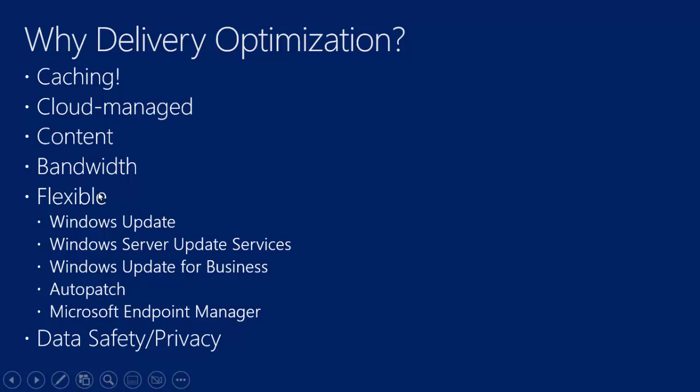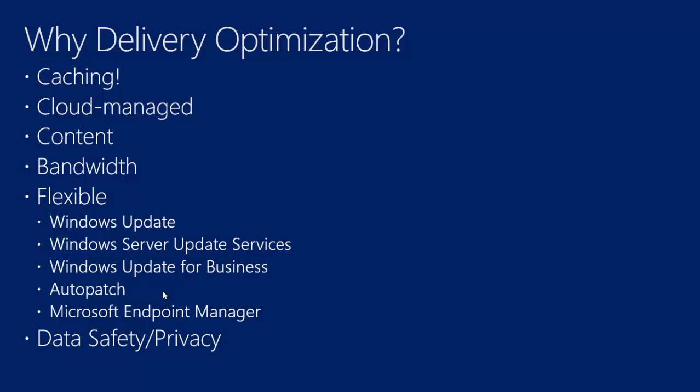It's very, very flexible. In terms of updates, we can work with Windows Update, Windows Server Update Services, Windows Update for Business, and AutoPatch can use it. There are a number of ways that you can take advantage of delivery optimization, regardless of how the content might be delivered.